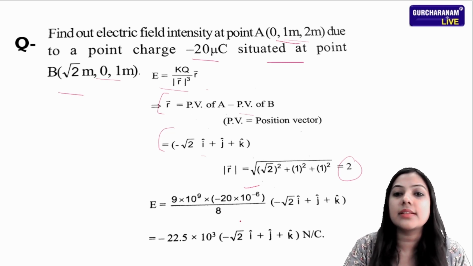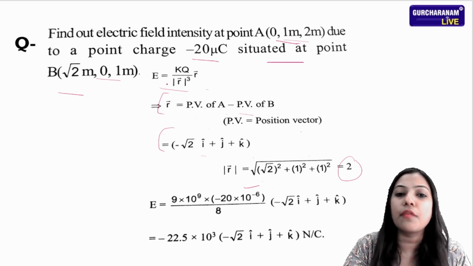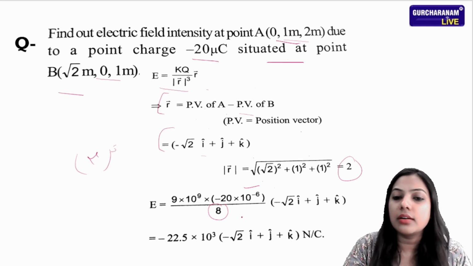The distance is 8. Why? Because the magnitude of r vector is 2, and because of the formula r cube, the cube of 2 is 8. So here, 8 multiplied by r vector, and r vector is minus root 2 i cap plus j cap plus k cap.